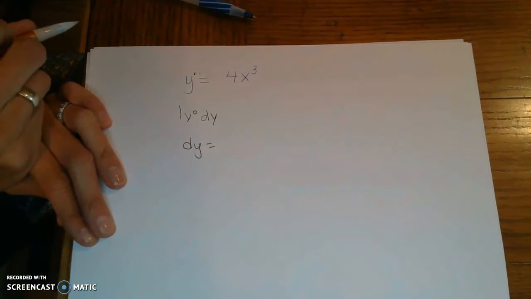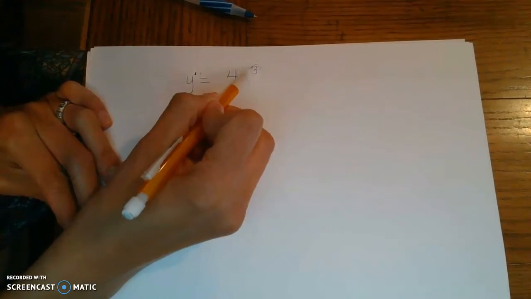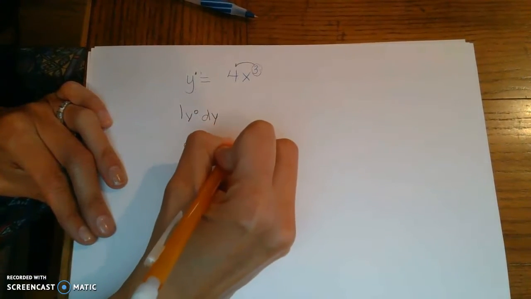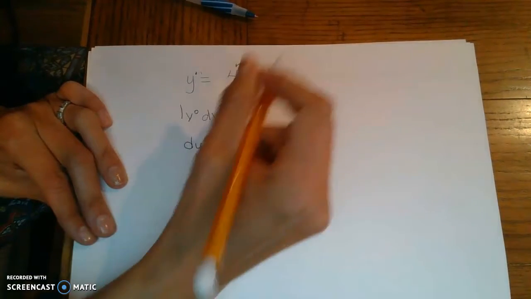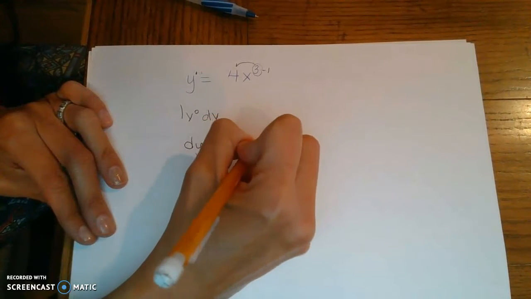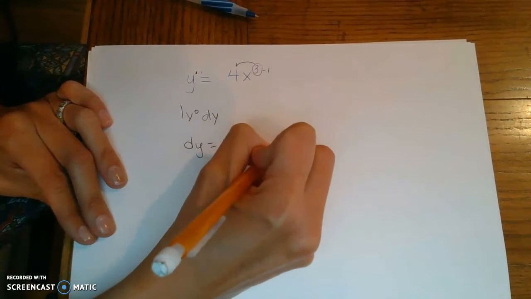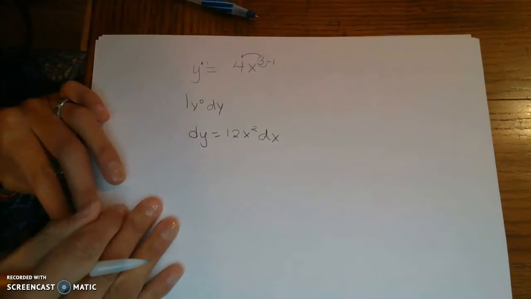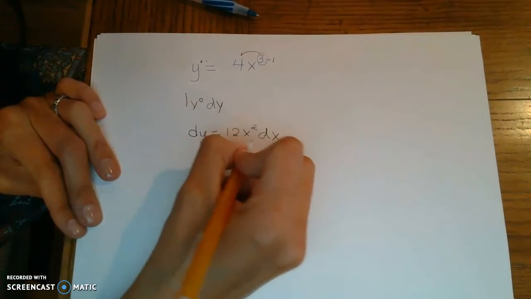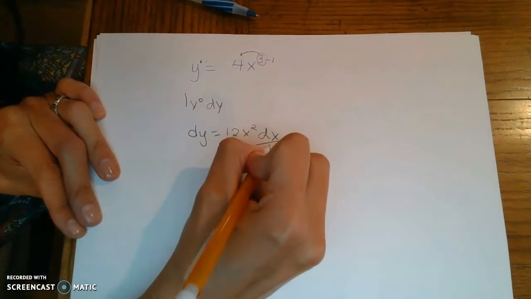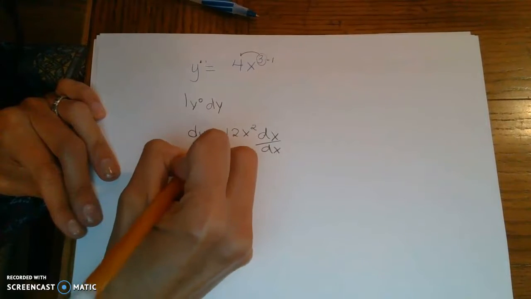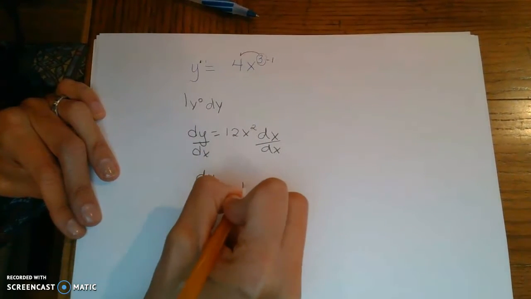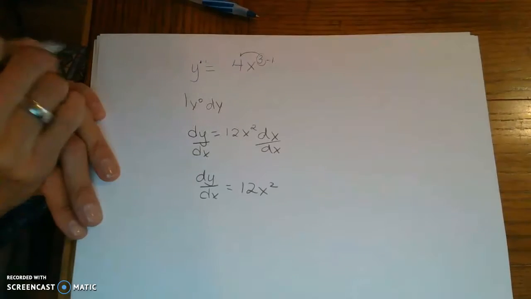Now, if I continue taking the derivative, this 3 comes in front, so 4 times 3 is 12, x, and then I drop this by 1, and I get squared, and then I finish by saying the derivative of x. So here, if I want to get this in explicit form, we go ahead and divide the dx over, and we get dy dx is equal to 12x squared.